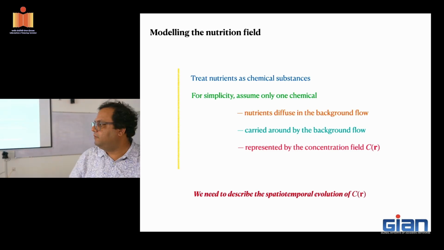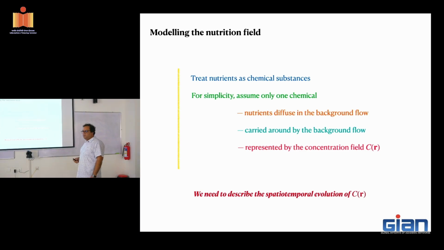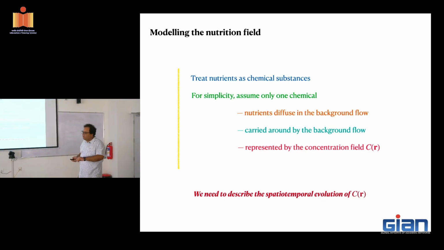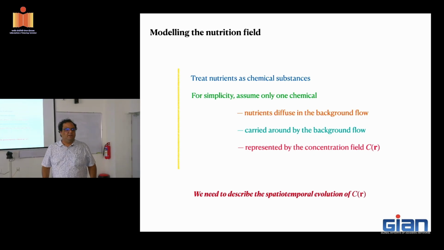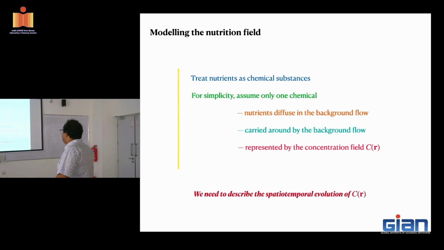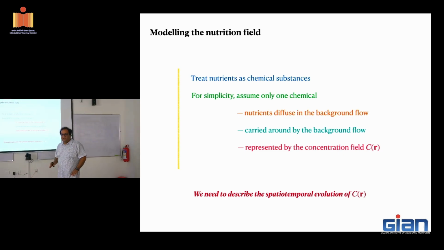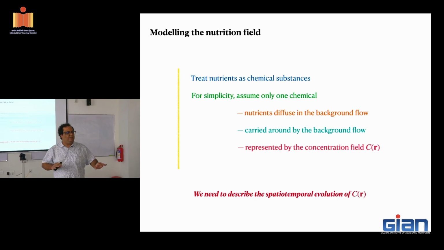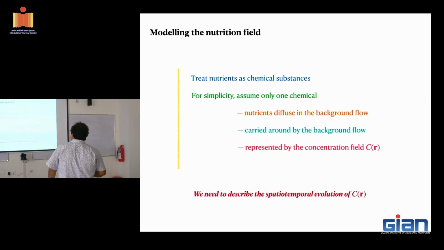I have to now model the nutrient field. So what I will do, and this is something I've been telling you, I will treat these nutrients as chemical substances, and then I will simplify it even further. For simplicity, assume only one chemical. For example, you are eating dal and rice, right? Lentils and rice, and I say, okay, just survive on rice. Fine.